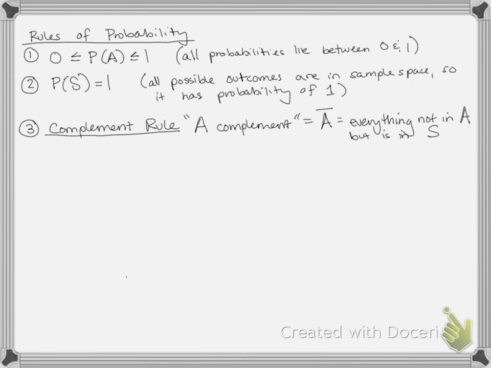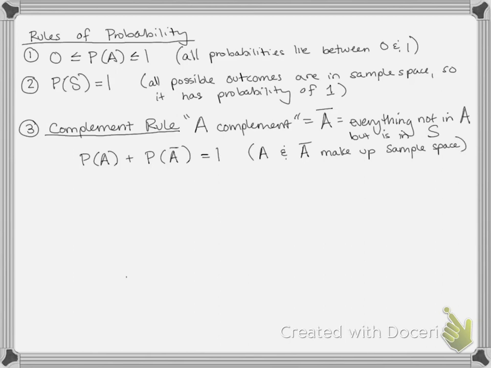So the idea behind the complement rule is basically that the probability of A plus the probability of A complement have to equal 1. So this is basically saying that A and A complement make up the sample space. They contain all the possible outcomes.